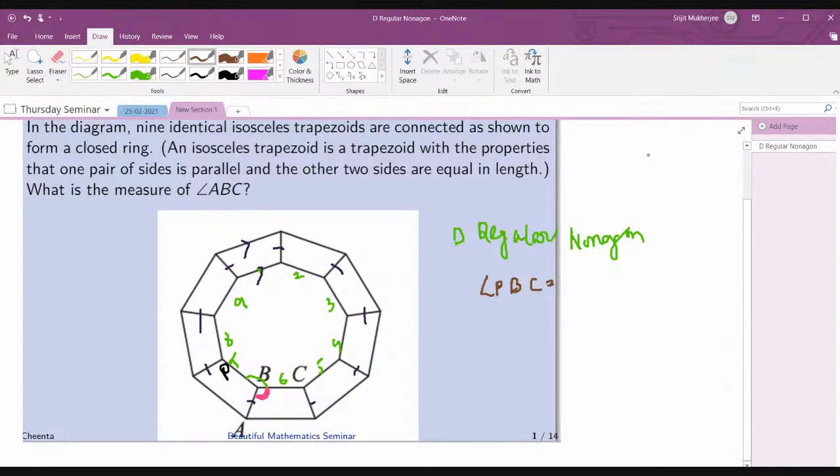So therefore it's essentially 180 degrees into n minus 2, divided by n. So you get each of these angles as, I think, 140 degrees. Am I right, guys? What do you think? Yeah, 140 degrees.